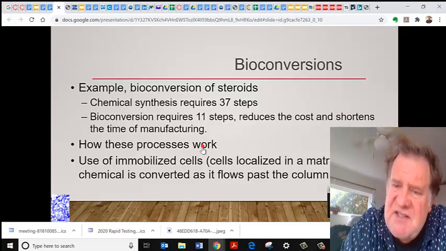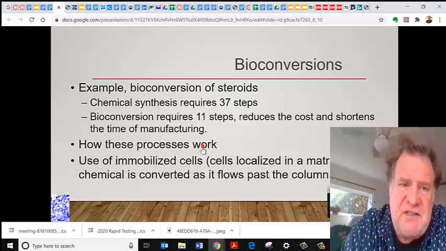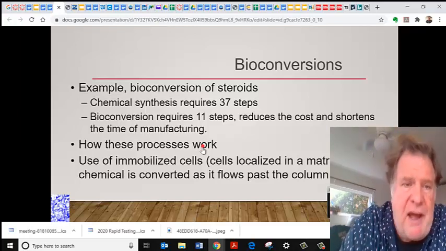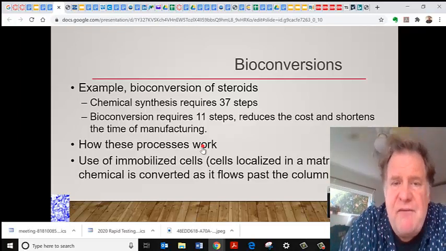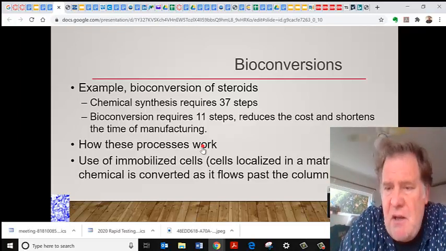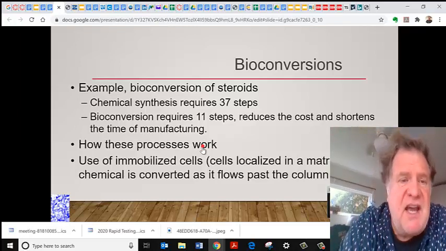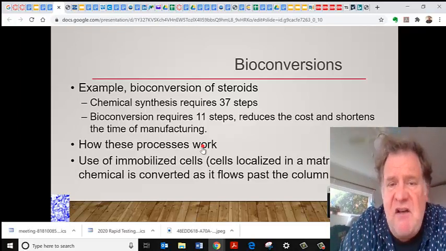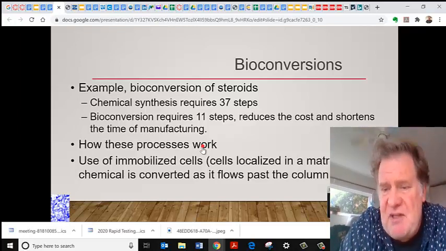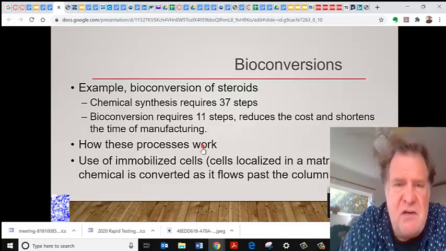The next thing I want to talk a little bit about is what I call bioconversions. An example of bioconversion is that of steroids. Prednisone is one of those steroids that was really expensive for a really long time. The chemical synthesis of prednisone takes 37 steps, and if you've ever had chemistry, you lose a lot. Even if you lose 10% at each step, you're ending up with very little.